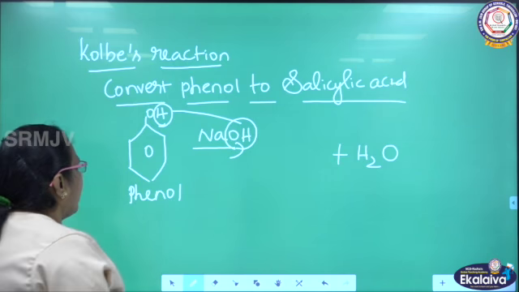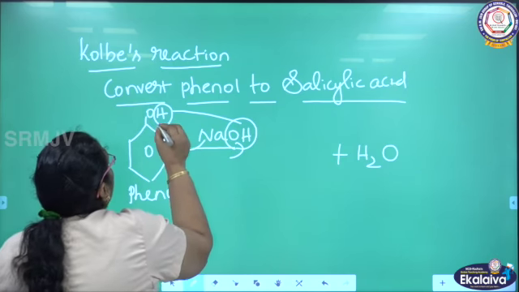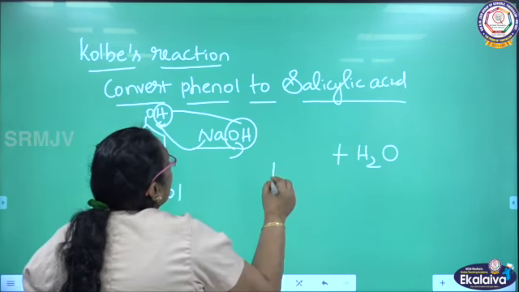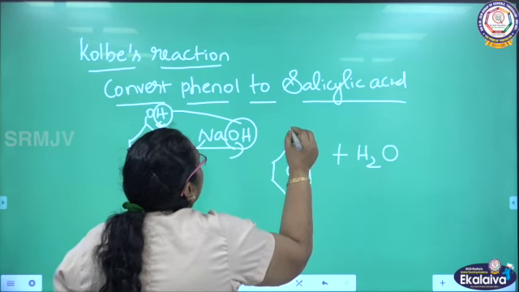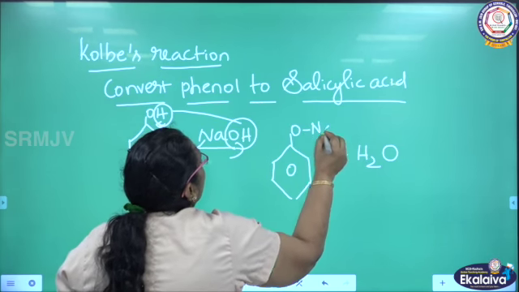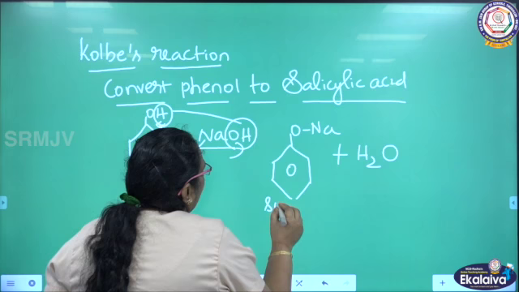What is the main product we are getting here? In the place of hydrogen, sodium is substituted. What you are getting? Sodium phenoxide.